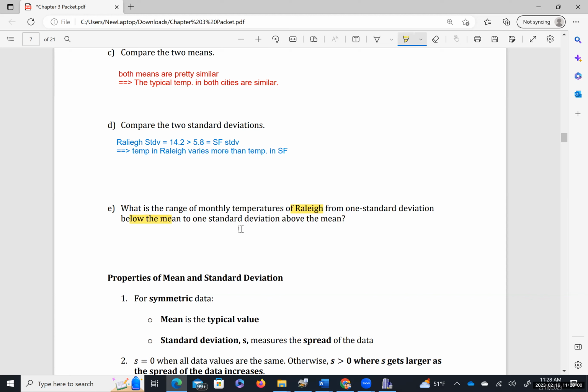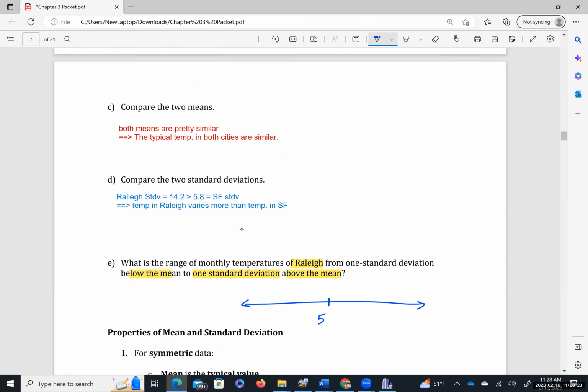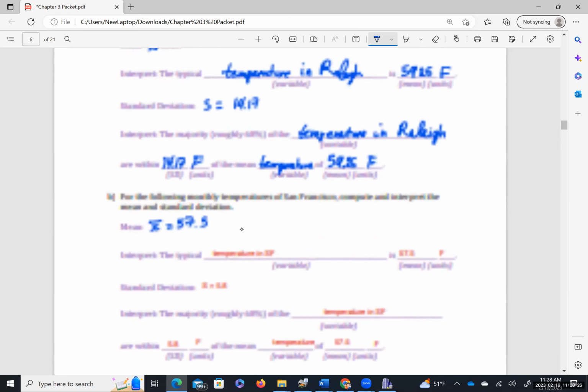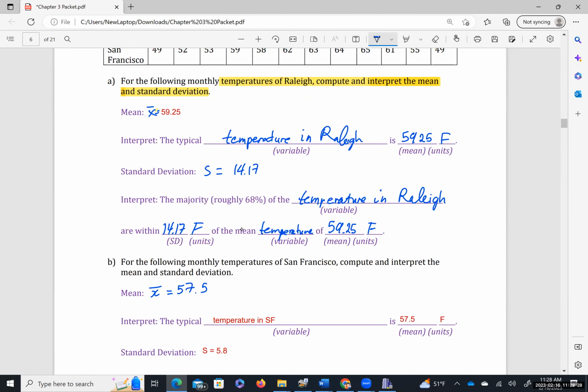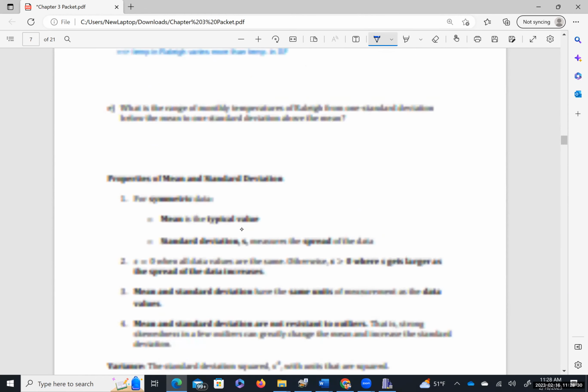So if I have a number line here, the mean, let's say in the middle, is 59.25.